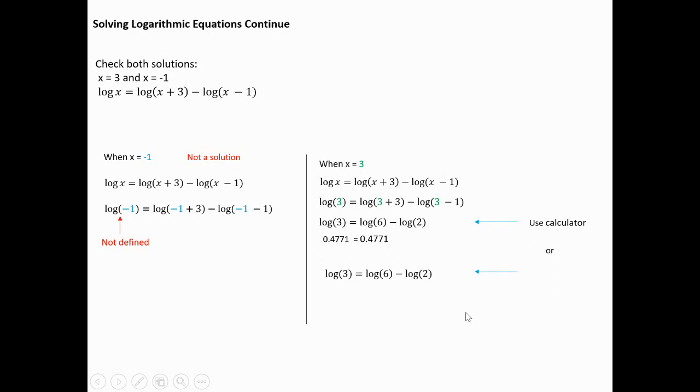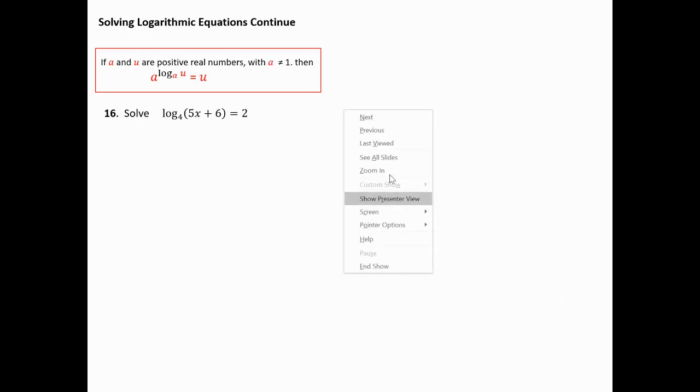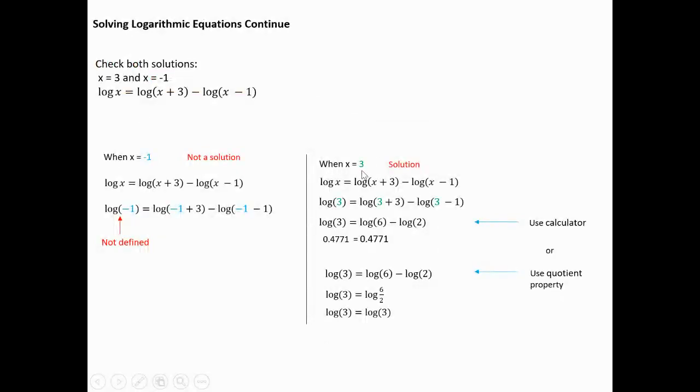By using the quotient property, this will be my numerator, that'll be my denominator. What's 6 divided by 2? It's going to give us 3. So we know that both are equal to log of 3, which is true. So that's my solution. My solution was only 3, not negative 1.